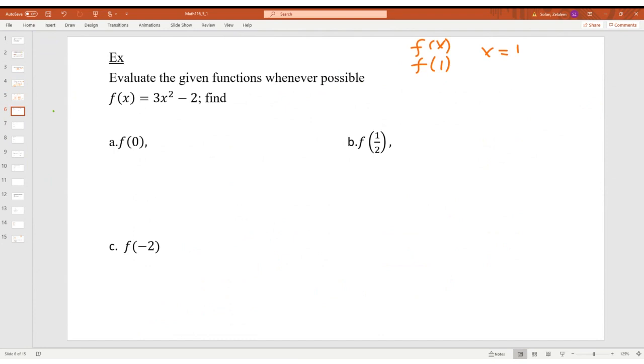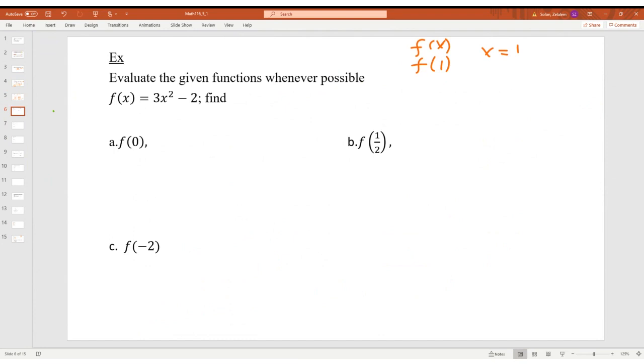So for example, this is the function given. Evaluate the given function whenever possible. Sometimes it's not possible for some functions. It may make it undefined, or you can't evaluate the expression. So if you see this function, it's f of x equals 3x squared minus 2. This is a quadratic function.